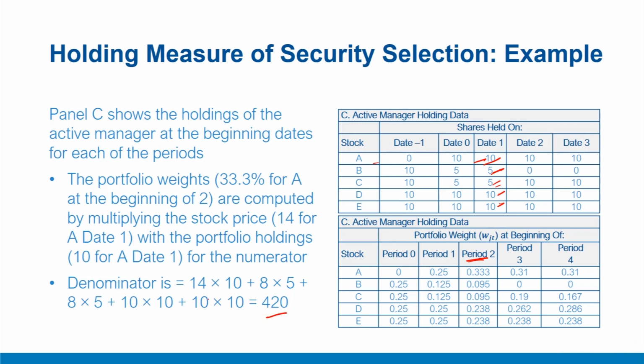So we get 420 as our denominator, and the numerator is 10 into 14. So 140 upon 420, we get 0.33 as the proportionate amount invested in security A. Similarly, we can compute the proportionate amount invested in securities B, C, D and E. So these are the respective weights of securities in the active fund manager's portfolio.